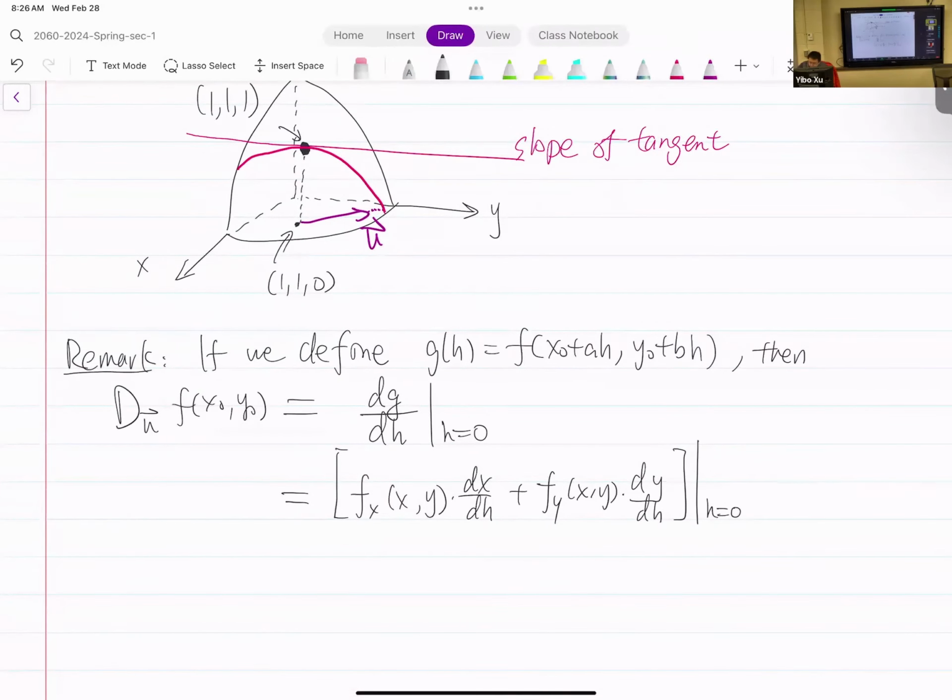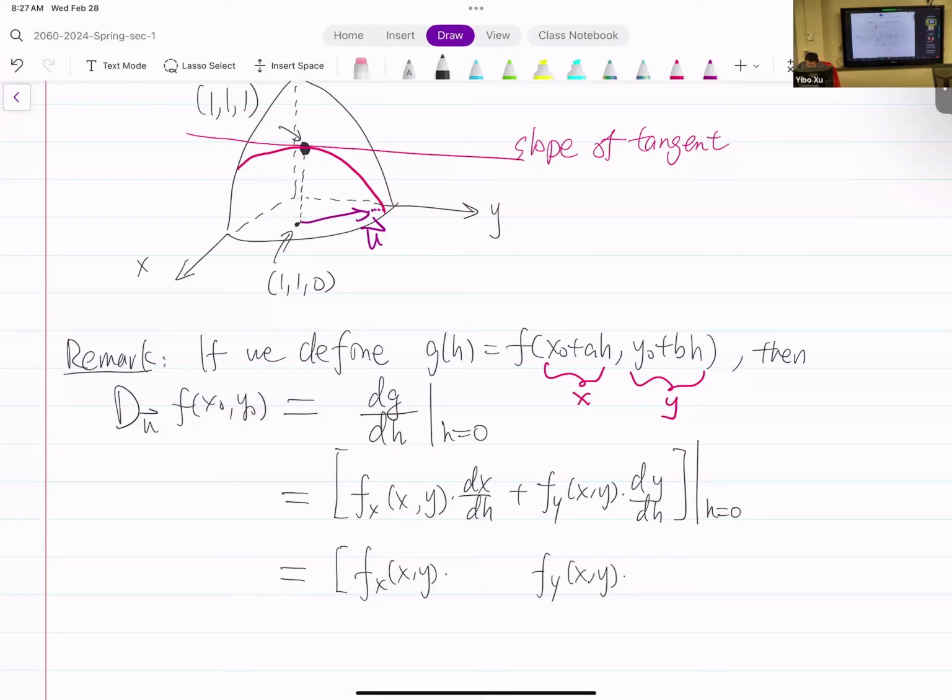And of course, that's the x portion, that's the y portion. And then we evaluate. We realize that when h equals 0, x must be x0, y must be y0. So here f sub x, the partial derivative. In the previous remark, we have the explicit expressions of these partials, but they are not that critical.